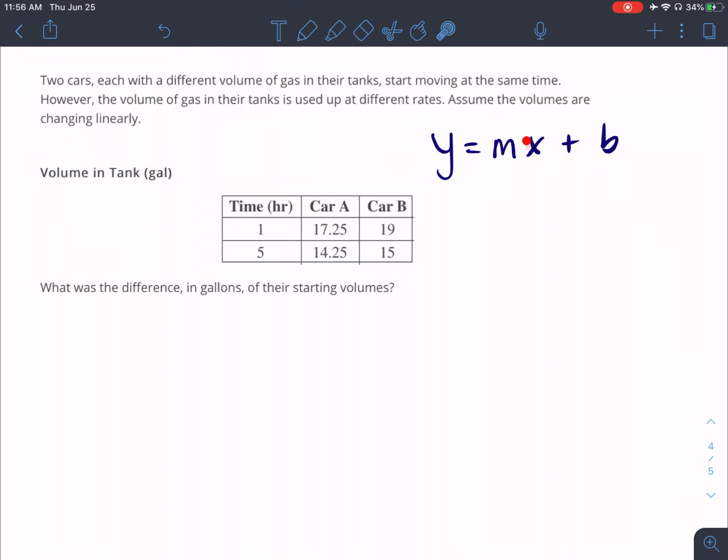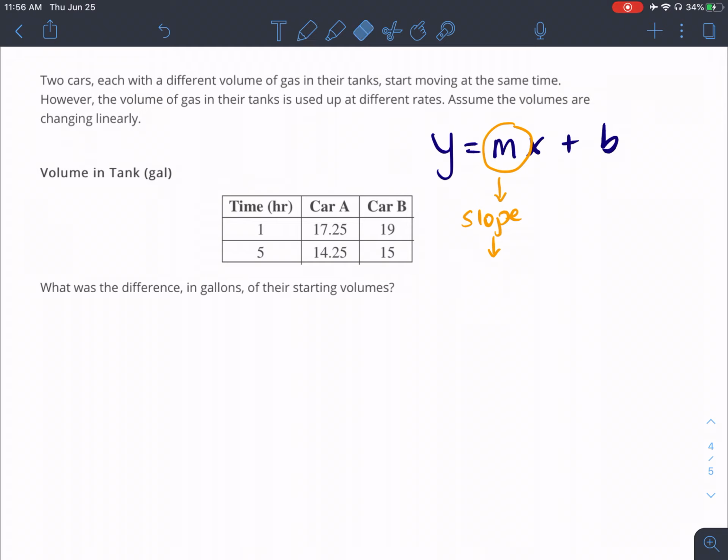The slope is telling you the rise and the run of the line that you're going to graph. But in terms of a real world application, the slope is really corresponding to the rate of change. In this case, linear rate of change.